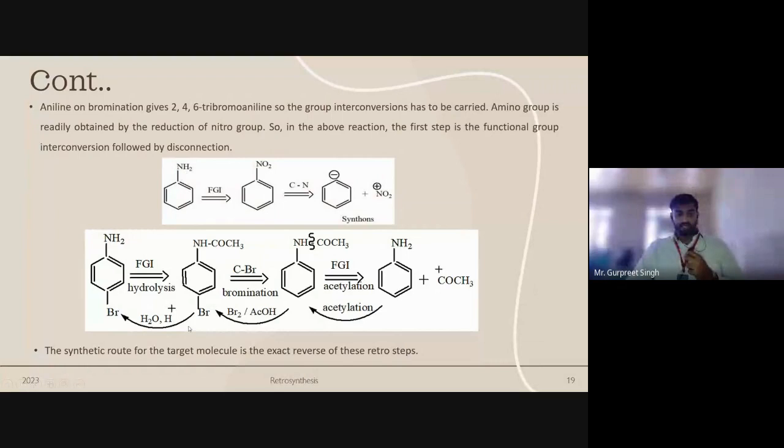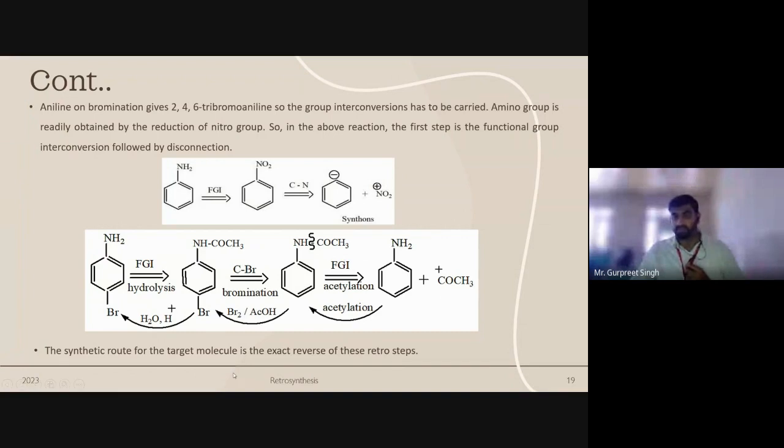Another example is the synthesis of 4-bromoaniline. First, you need aniline, which we have already synthesized. First, you need to protect this group by acetylating it. Otherwise, during the reaction, bromine might attach here, or there might be formation of some other kind of intermediate which is not required.